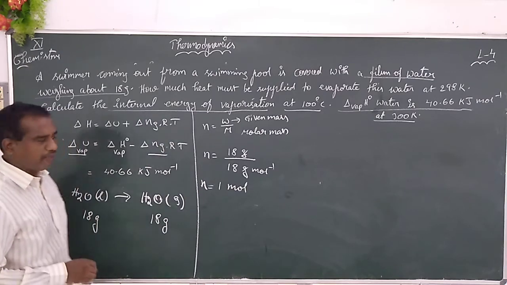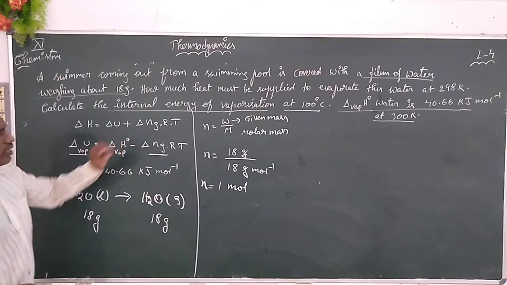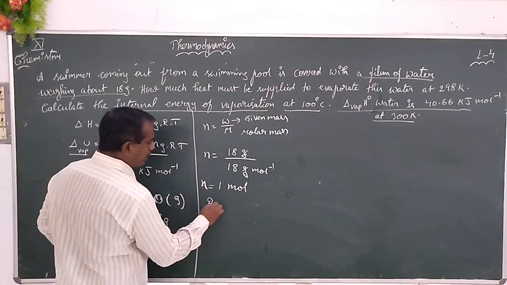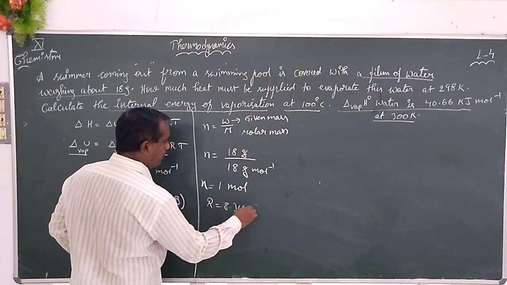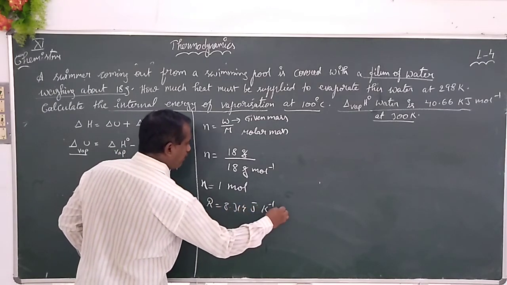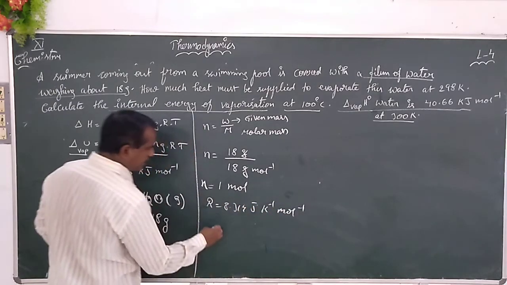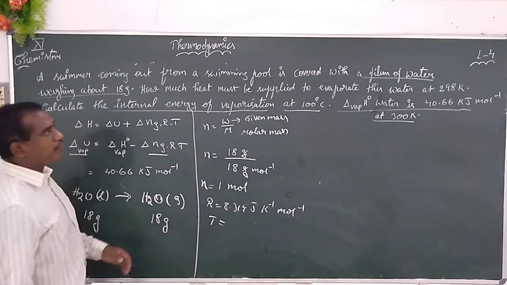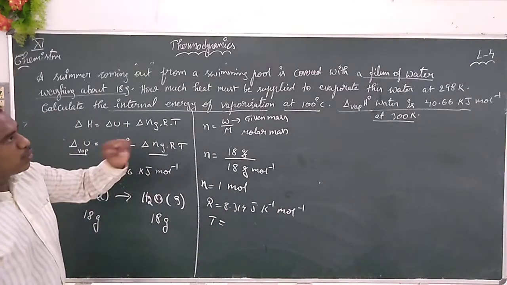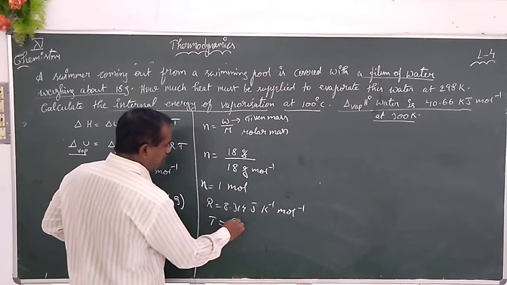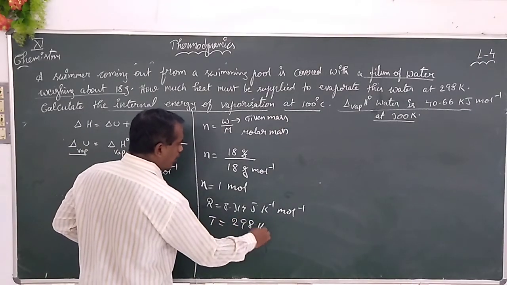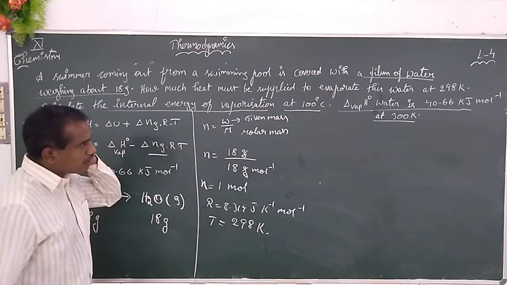Very simple, right? But now we want to know the R value. R value you can take as 8.314 joule Kelvin inverse mole inverse. How much is the temperature they had given? 298 Kelvin. Already they have mentioned the temperature 298 Kelvin. So substitute these values.